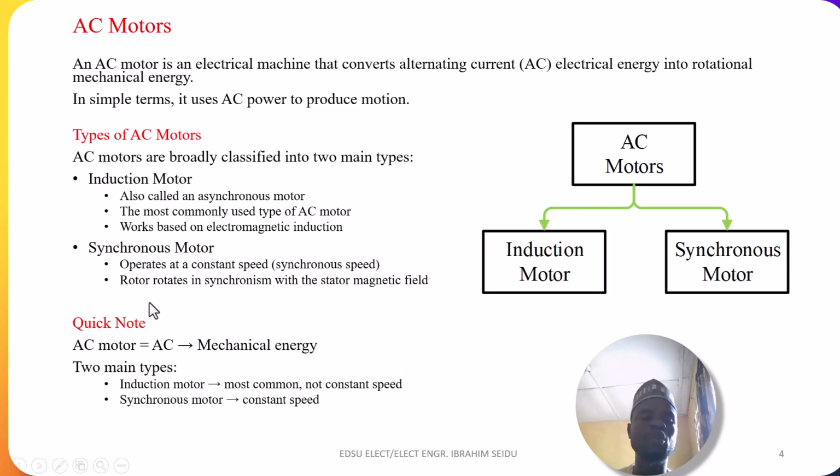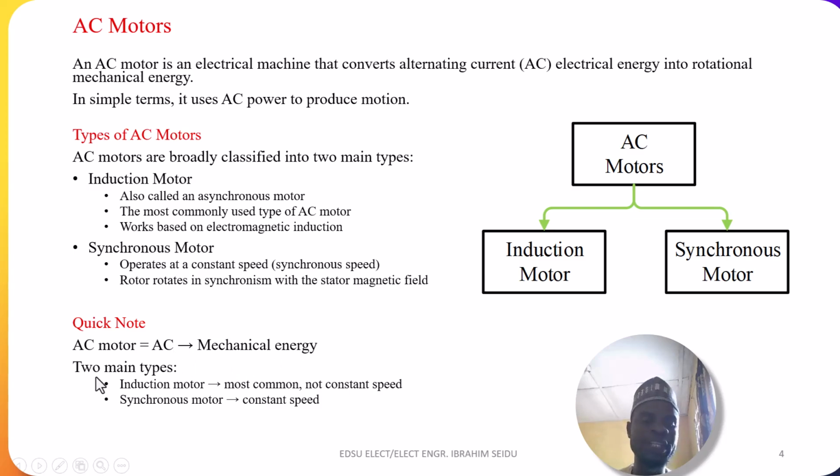However, these motors are not that common, because the type of motor that is very common in society is the induction motor. And also keep this down: an AC motor converts AC electrical energy into mechanical energy.